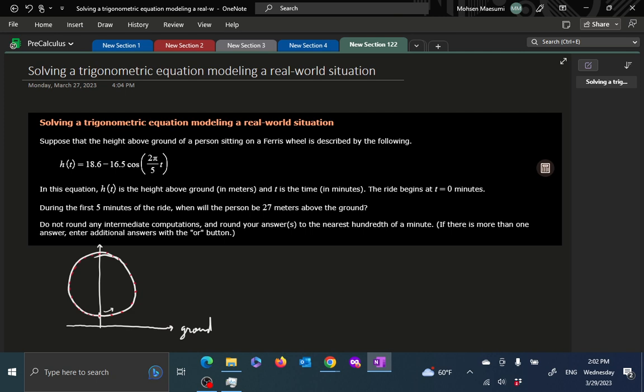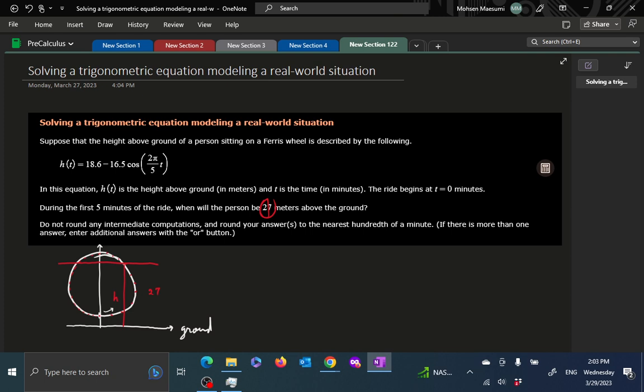So what is h? H is how high above the ground you happen to be. The problem is asking us, when is it that you're going to be a certain number of meters above the ground? Well, that means we want the height to be 27. So say this is 27 meters above the ground.